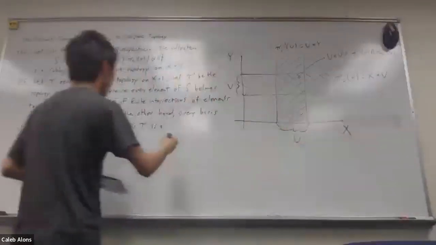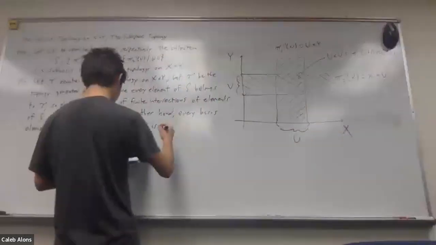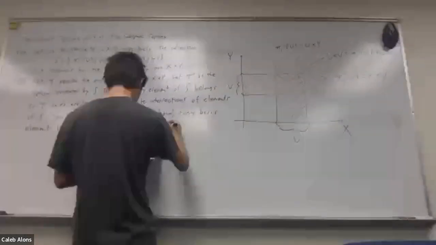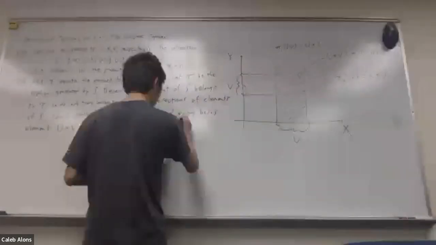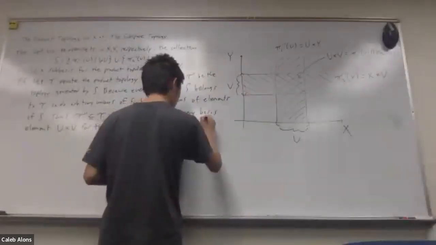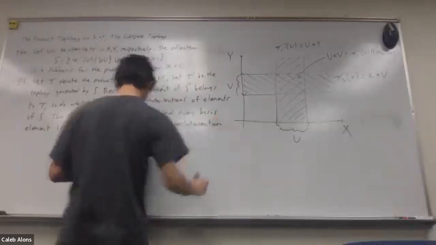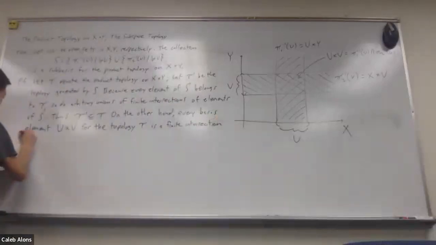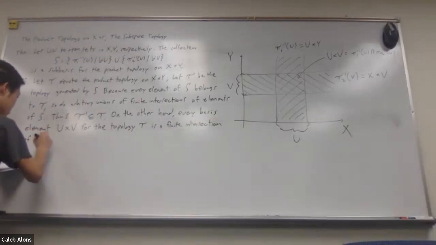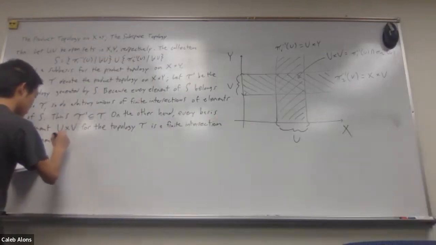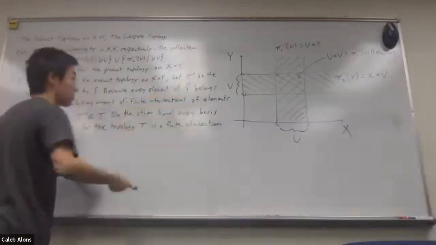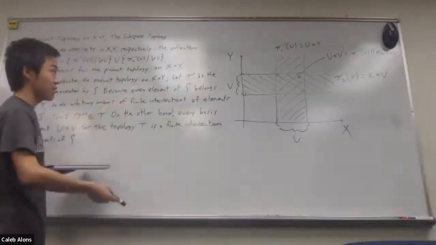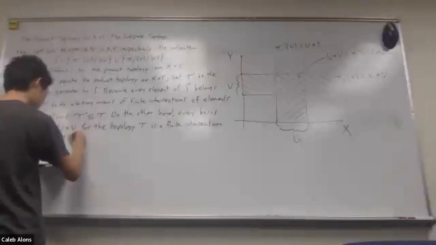So it's an intersection between those two sets, which is why we defined the collection S to be alluding to the projections that we made.